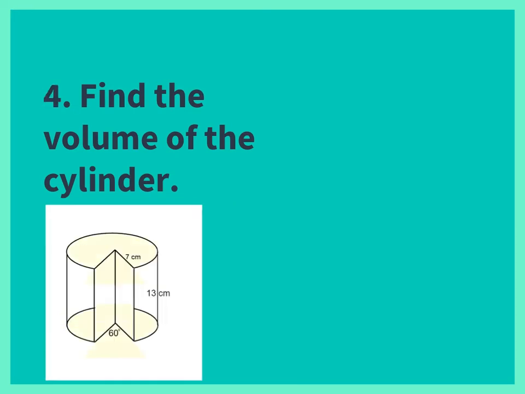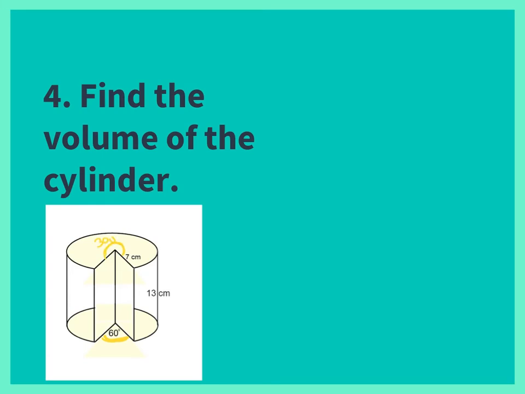Find the volume of this cylinder. Notice this almost looks like a cake with a slice taken out. And so we don't want that slice, that piece that's taken out. And I can see here that 60 degrees was taken out. What we have left and what we want is that 300 degrees.